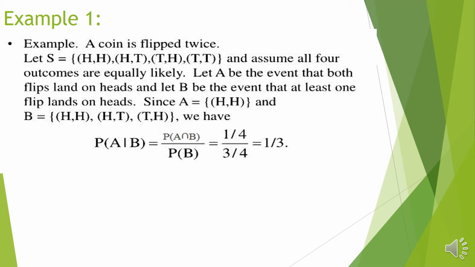We could get head head, or head tail, or tail head, that is tail in the first and head in the second, or tail tail. So we could get 2 heads or 2 tails, or first head then tail, or tail then head. These are all the possible choices.